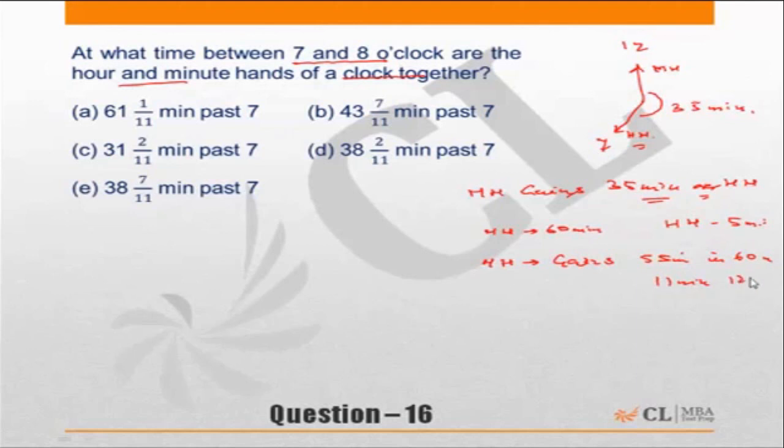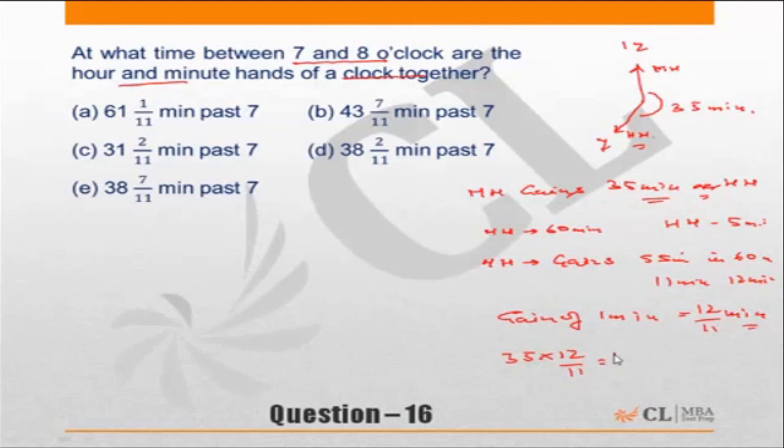So a gain of 1 minute would need 12 by 11 minutes. We need to gain 35 minutes, so we will need 35 into 12 by 11 minutes.